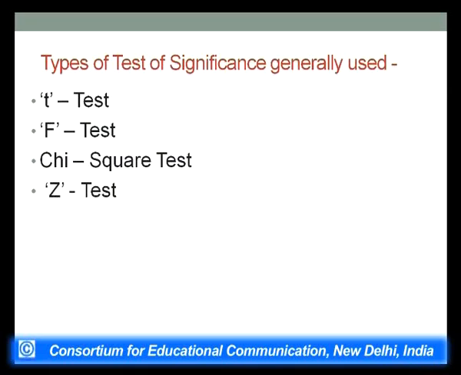So, today's discussion will be basically based on T test. We will not be able to cover all the tests today. We will have a detailed discussion on how to work out the T test, taking an example, doing the analysis and calculations, working out the results, and how we interpret them. All those steps we will discuss today.